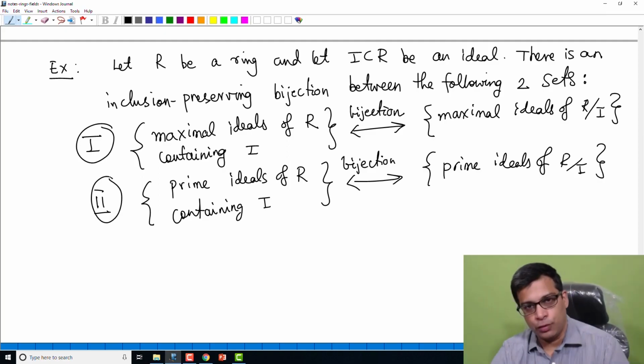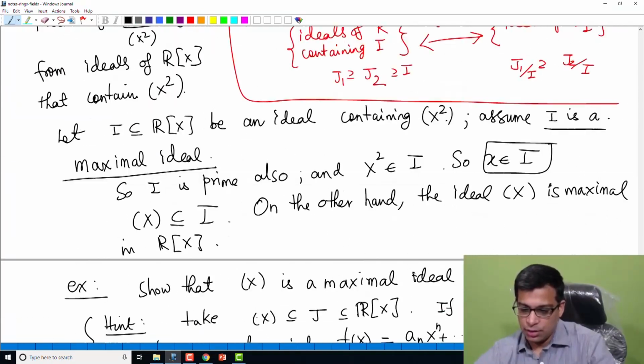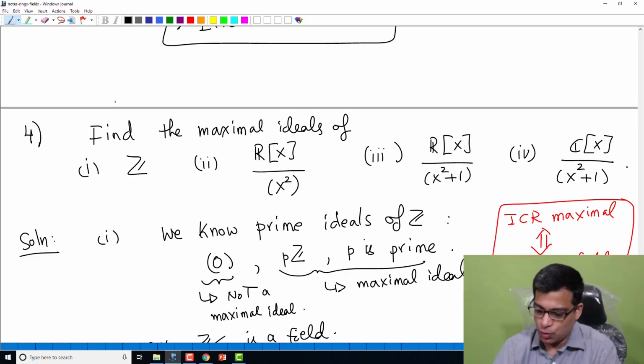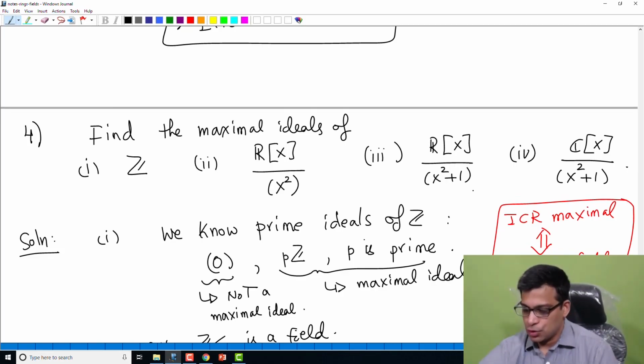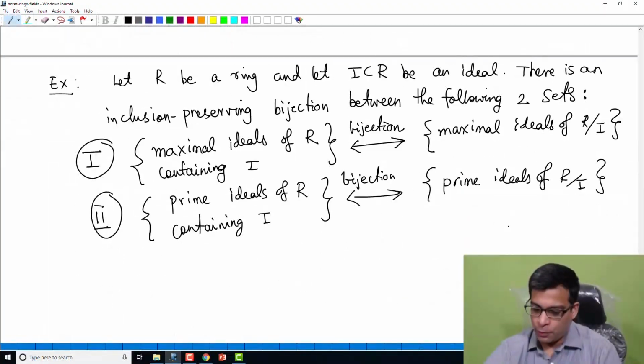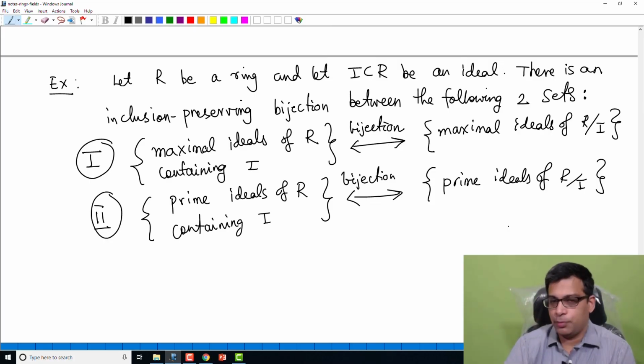So the first one you prove right now in order to understand the solution for the exercise here, Rx mod x squared, and use it in the third and fourth exercises, which I'll come back to in the next video. The statement about prime ideals also we will come back to in the next video and formally prove this statement.